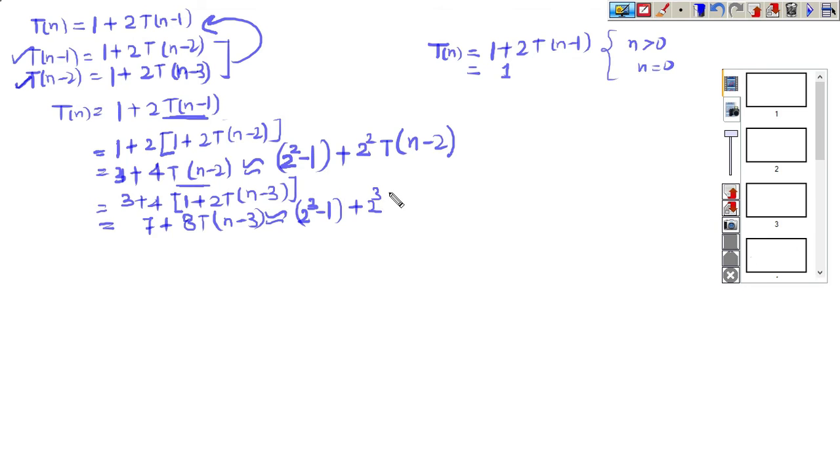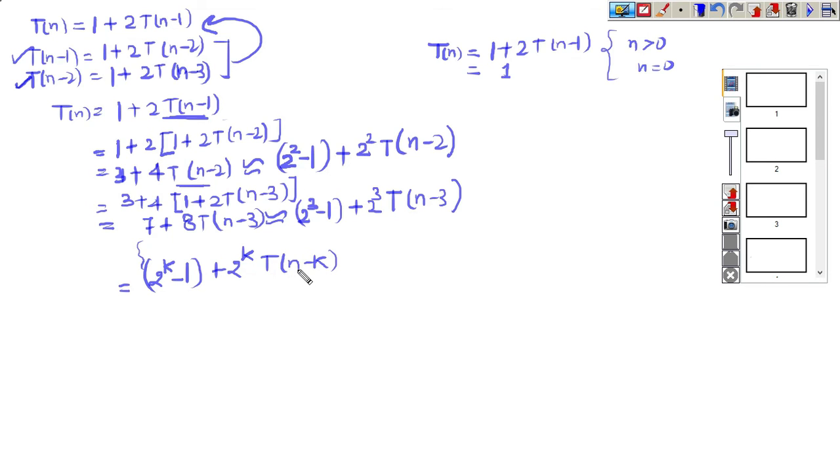t of n minus 3. Now we understood what our general term is. If I keep on expanding up to the kth step, I will get 2 power k minus 1 plus 2 power k t of n minus k, and we need to keep on expanding until it reaches the exit point.